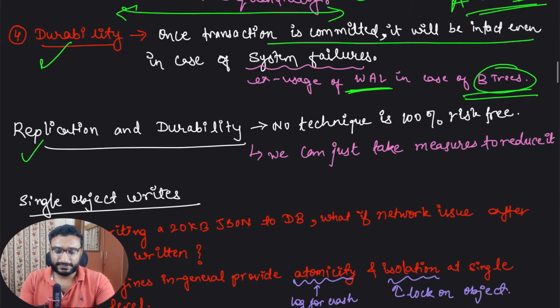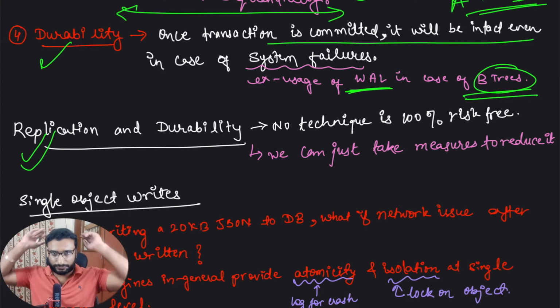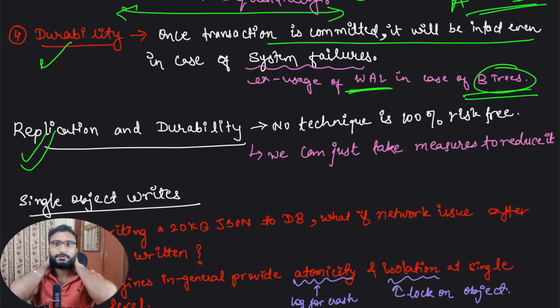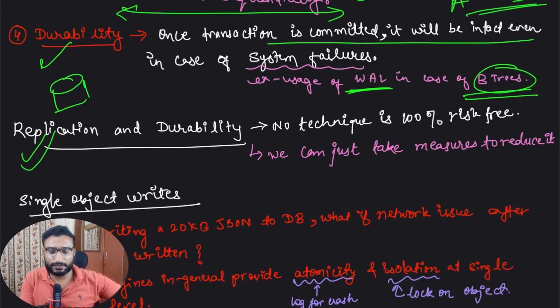समझे बात? Now let's discuss replication and durability. Now if we say that our database is durable, one possible solution would be that you replicate the database to multiple places. ठीक है, मैं बोल रहा हूँ कि मेरा data, मेरा database durable है. So one way could be that you replicate that data to multiple places. This is your database, ठीक है.